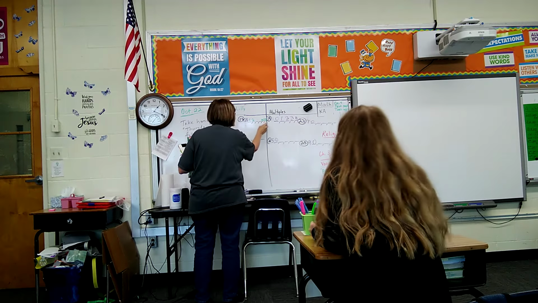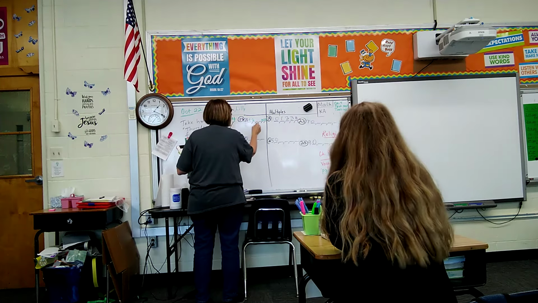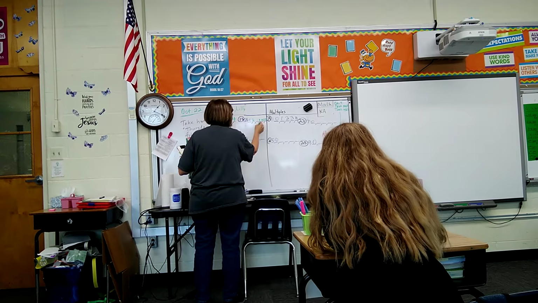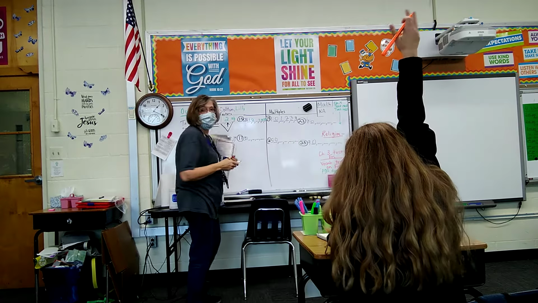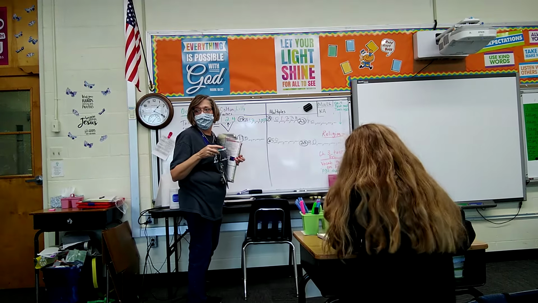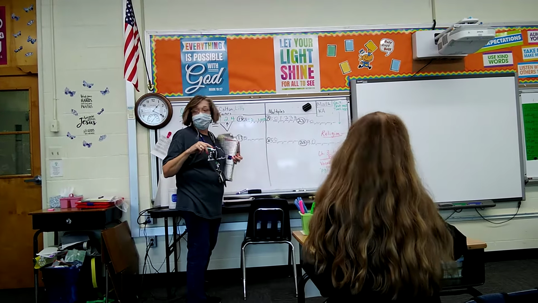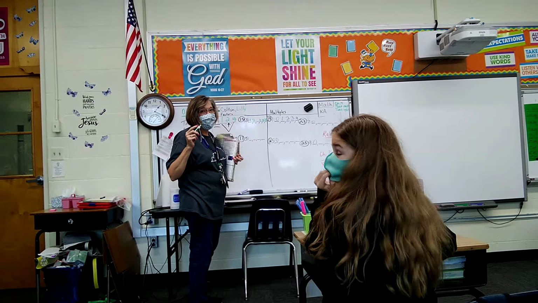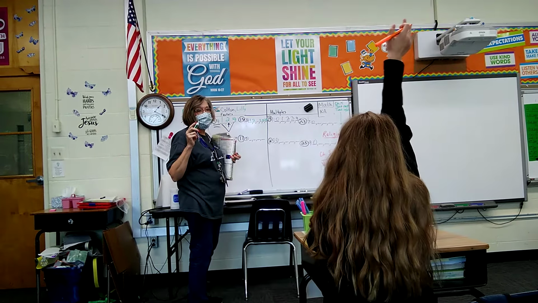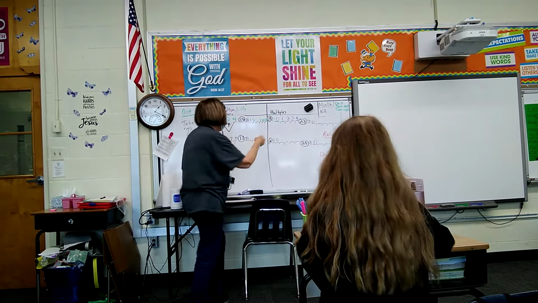Colson, I heard 1 and 28, 2 and 14, 7 and 6. Well, that'd be 42. Melanie, what's the other half of 7? 7 times what equals 28? 5. No, that'd be 35. 4. Okay, good. Thank you, Colson.